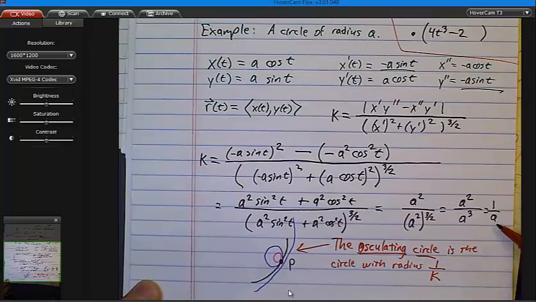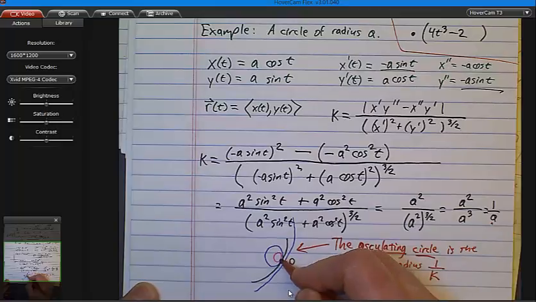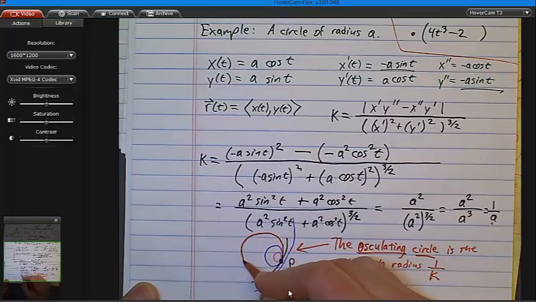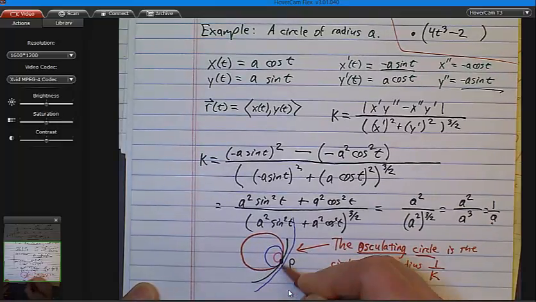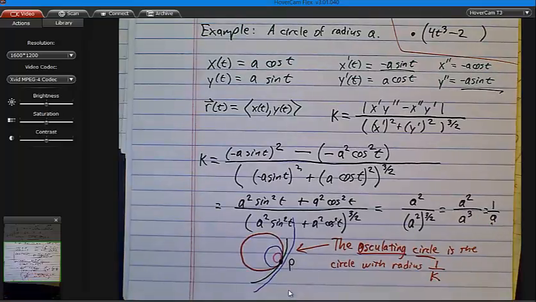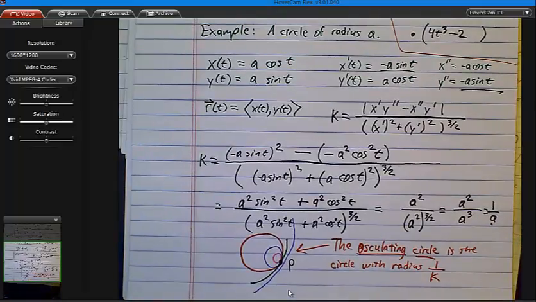That's the deal. If you made a equal to 1 over the curvature, then the curvature of the osculating circle would be the same as the curvature of the green curve we started with. That's kind of what the calculation we just did shows you.